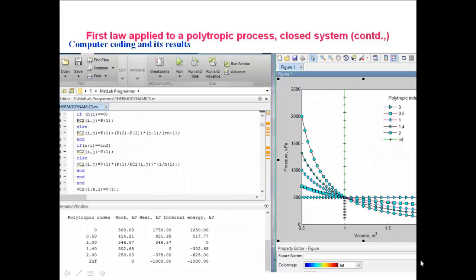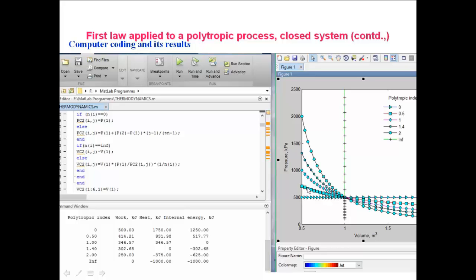A computer code has been developed to demonstrate the nature of this thermodynamic process. Now see here, this is the compression process and this region is the expansion process. In the compression process, the polytropic index is changed from 0 to infinity.